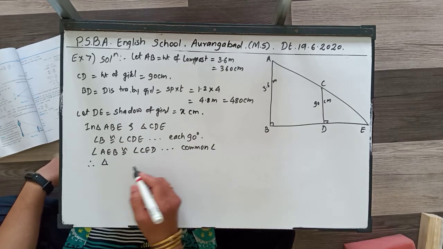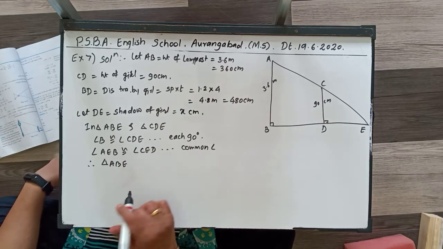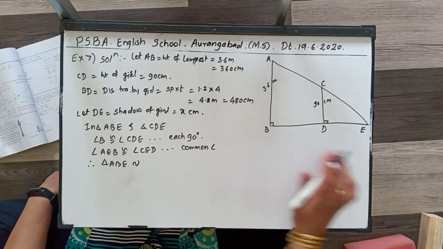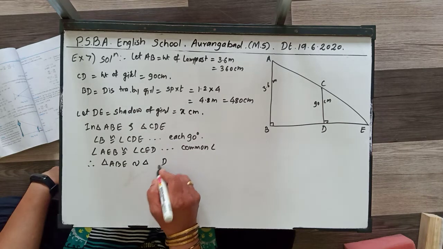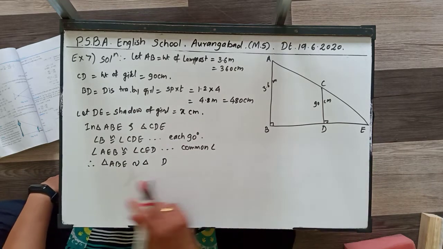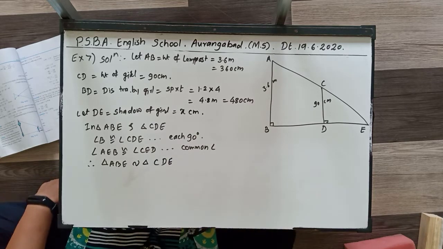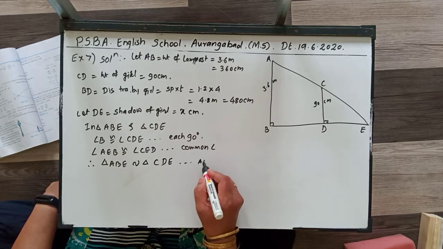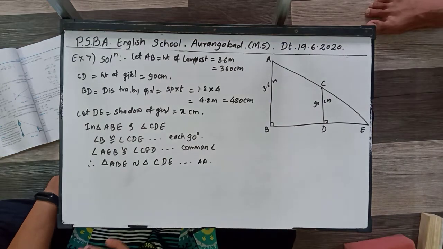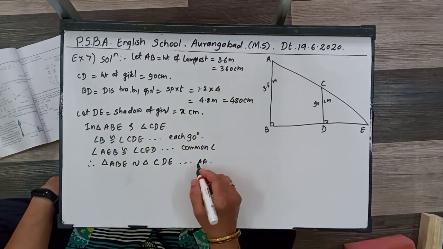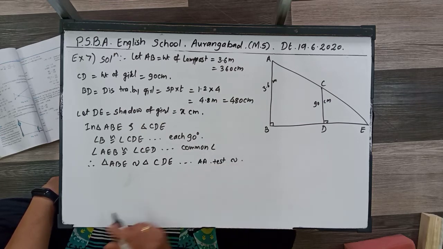Therefore triangle ABE is similar with, now ABE, B is congruent with D, so second letter has to be D. Then E is common, E should be in the third place, so remaining is C, so C will come first, and the reason will be AA test of similarity.